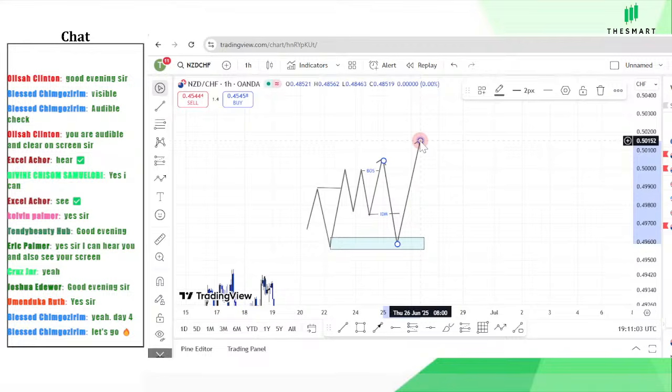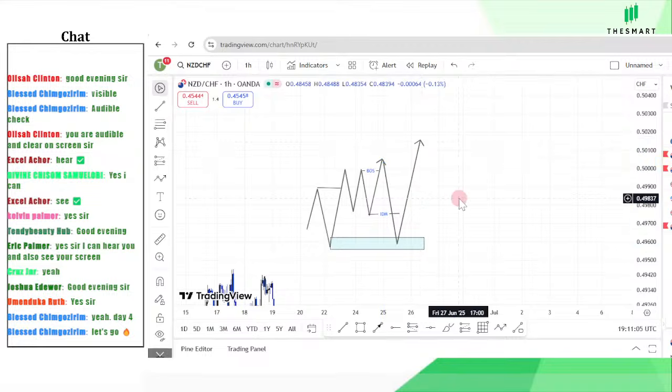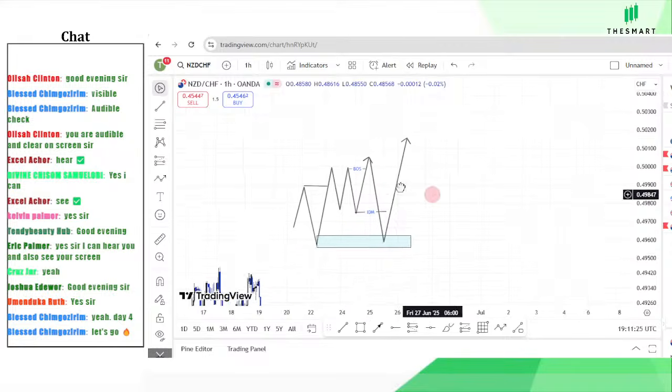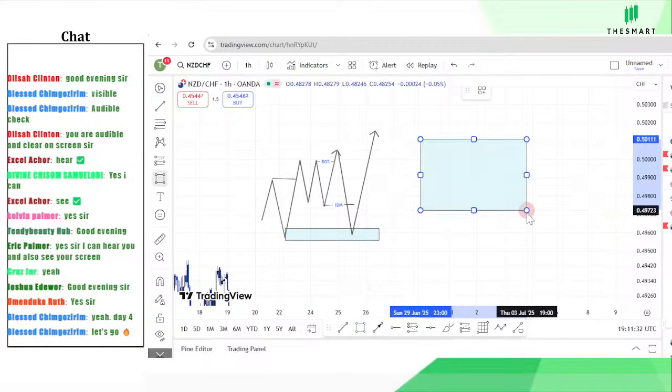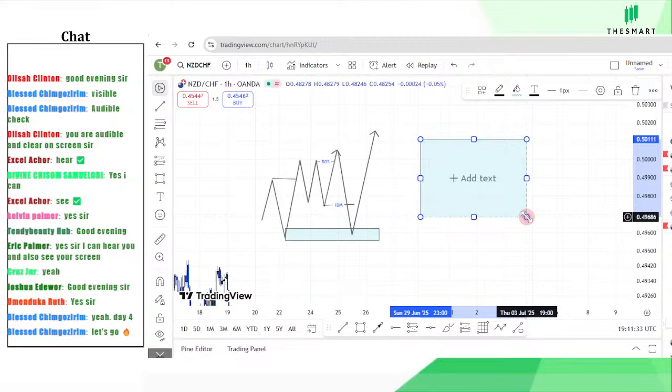Now, let's look at some of the criteria we'll need to give us a valid order block. You can have this inducement and this zone and it will still be a valid order block for us. So now I'll be listing the criteria we need to actually call this order block valid.